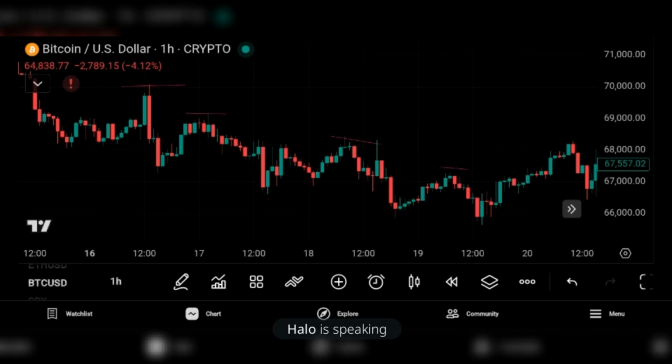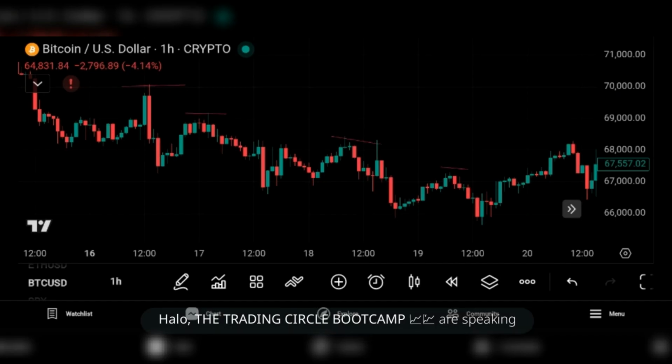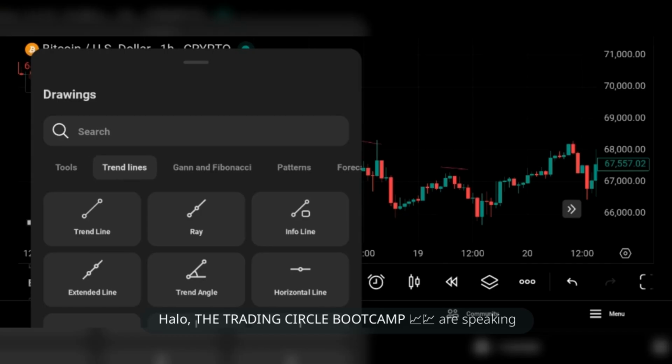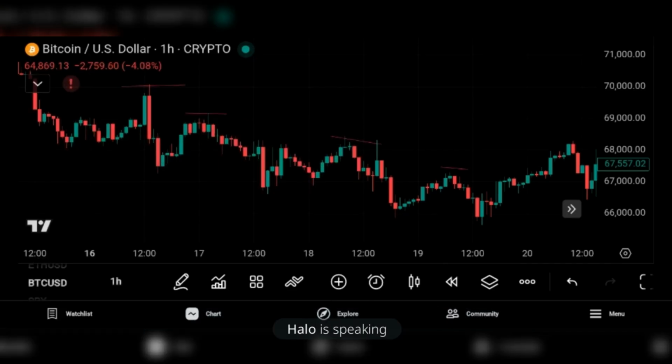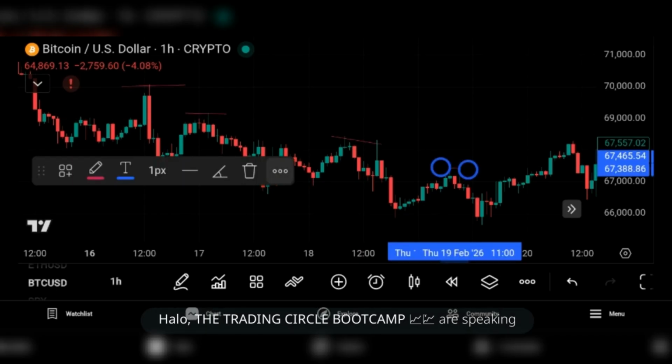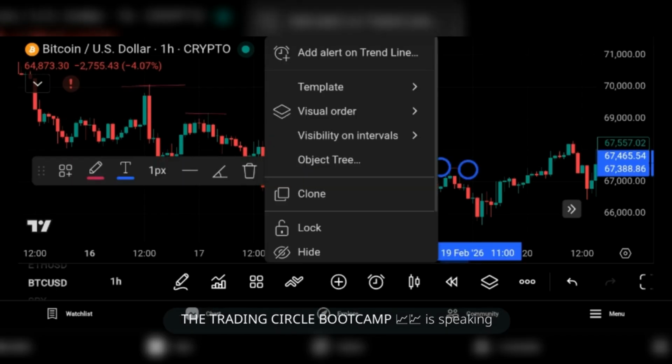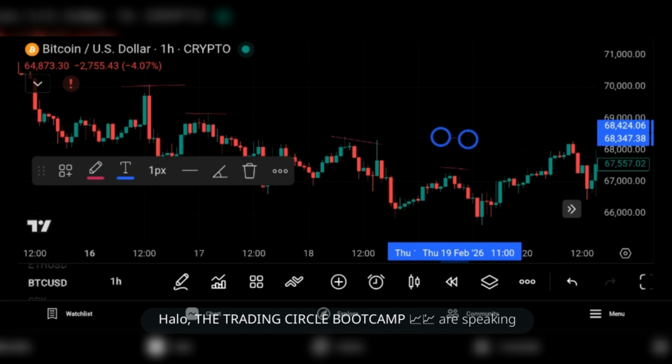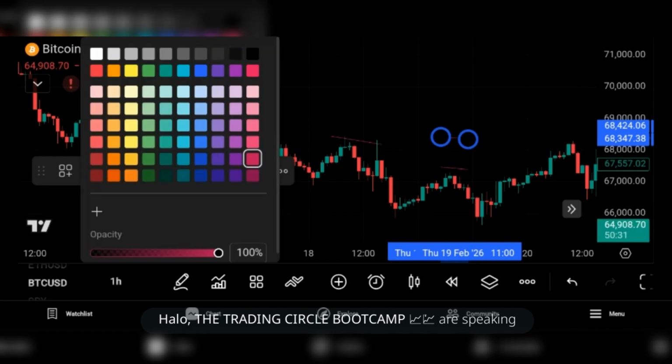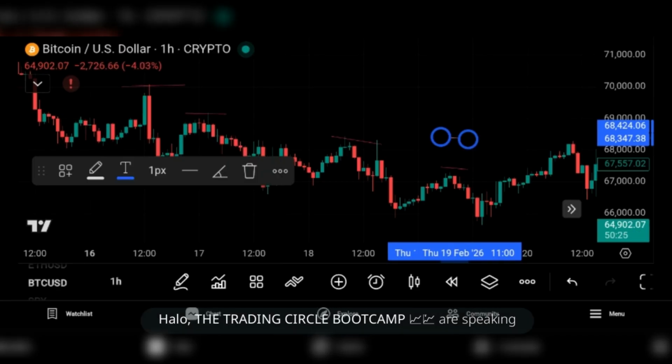Okay. So we can see the pattern, right? We can see the movement. So let me mark the lower lows now. These are the lower highs. I'm going to change the color. Let's use white.